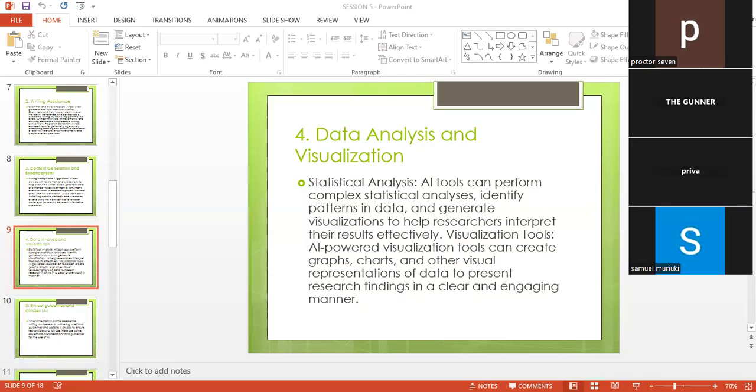Whenever I share, people cannot see my screen. I've never known why.